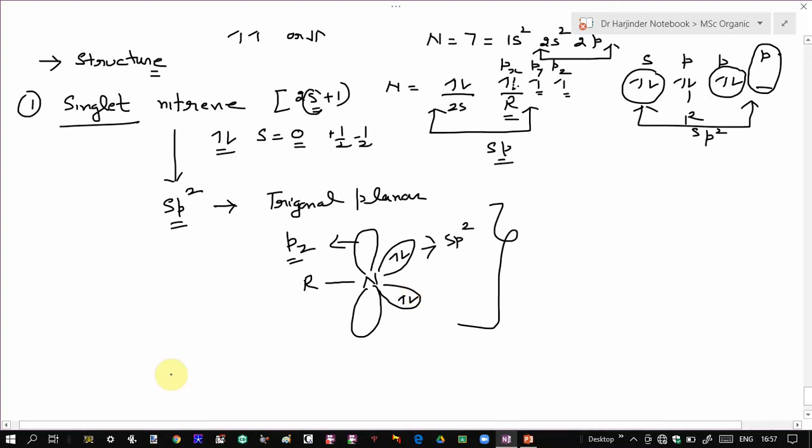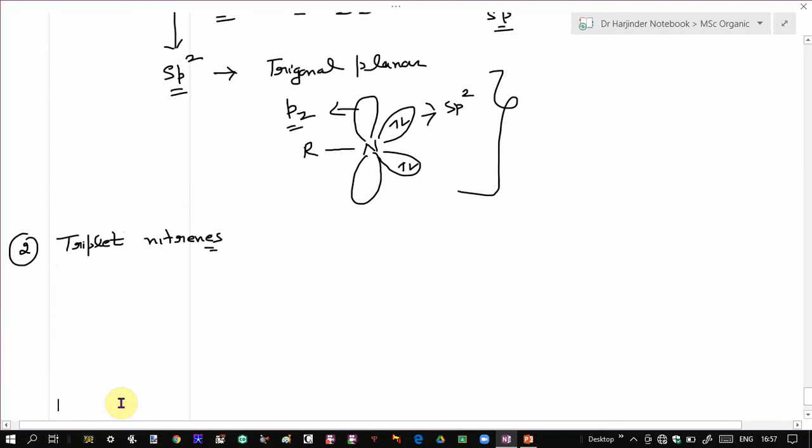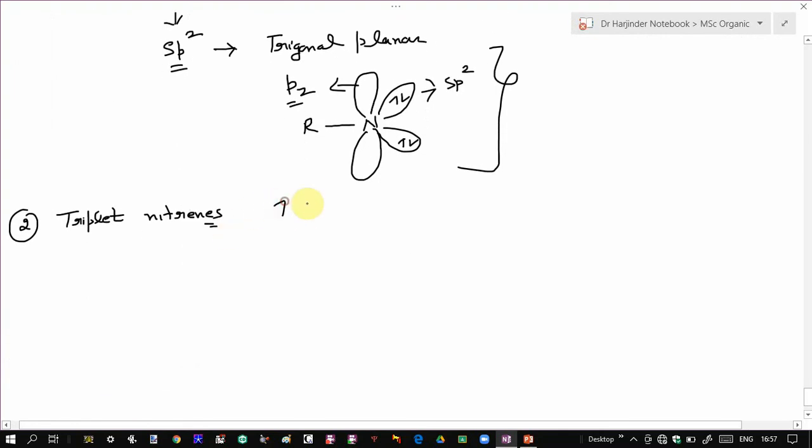The second possibility, or the second type of nitrenes, are triplet nitrenes. So in case of triplet nitrenes, as in case of triplet carbenes, here both electrons will have parallel spin, and since they have a parallel spin, their total spin quantum number will be 1.